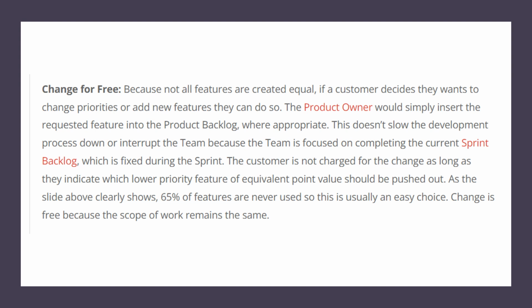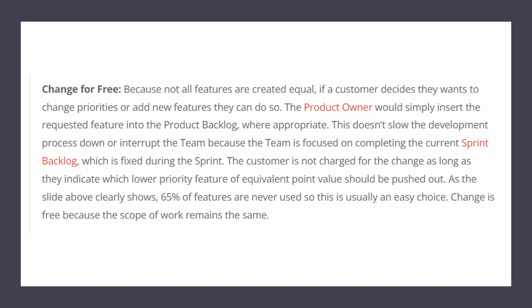So what they're trying to say here is the scope for a particular sprint is fixed. The team is not interrupted when they're working on a sprint. When a change comes in based on the evaluation with the customer, the product owner puts that feature into the product backlog wherever it's appropriate.